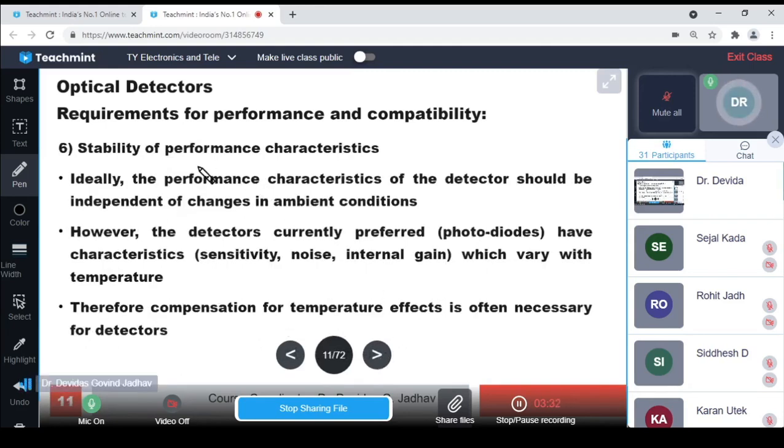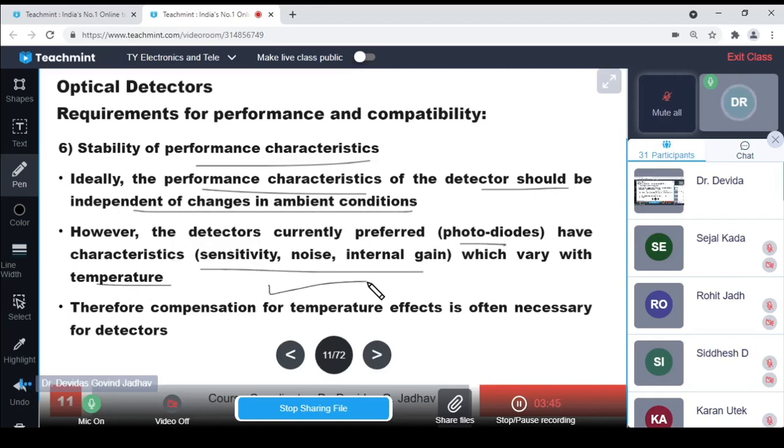Ideally, performance characteristics of the detector are independent of the ambient conditions, but practically photodiode sensitivity, noise and internal gain depend on temperature. So compensation is required, external circuitry which compensates the noise. Stability increases by compensation.